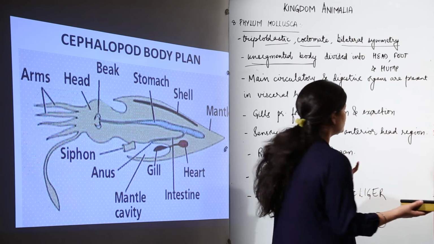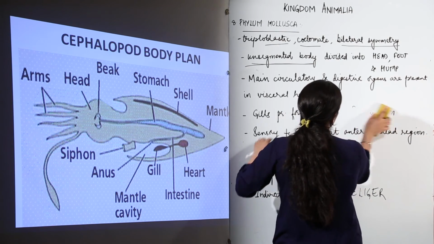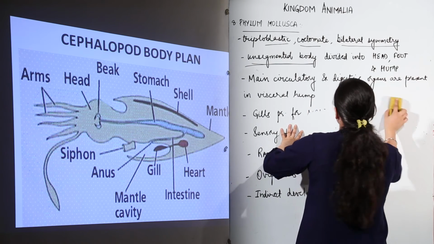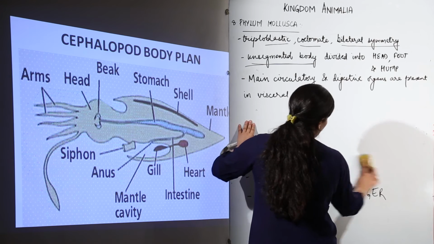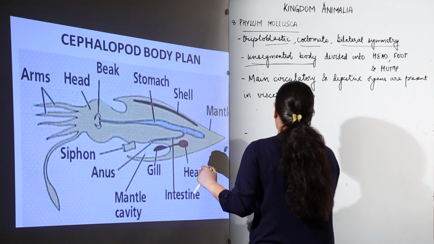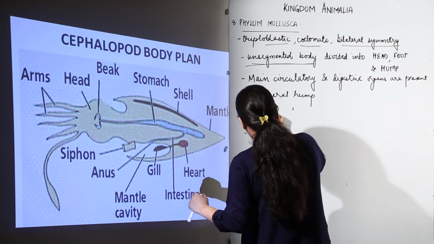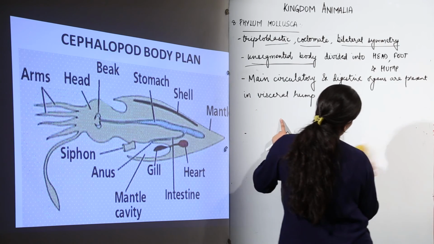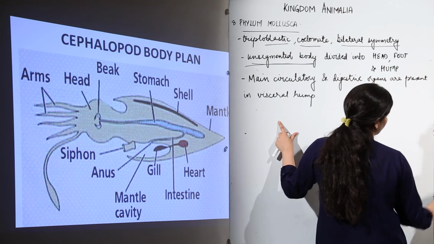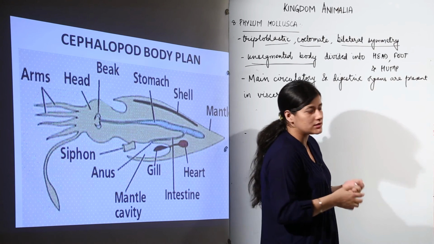The pearls that you use as ornamental parts also come from mollusks. Then there are people who consume squids, which are considered a great delicacy. So mollusks are of great economic importance. Moreover, they are abundantly present in the oceans.